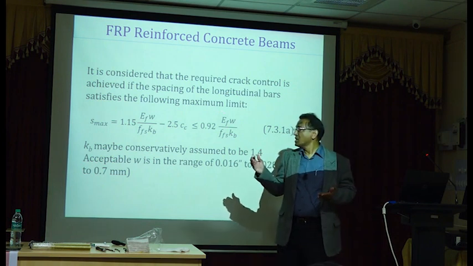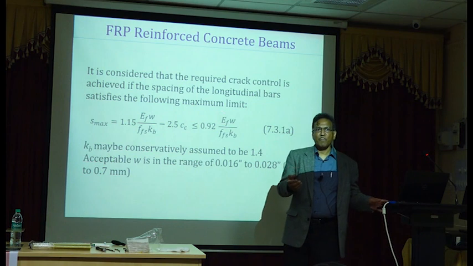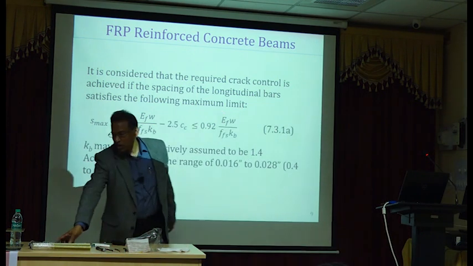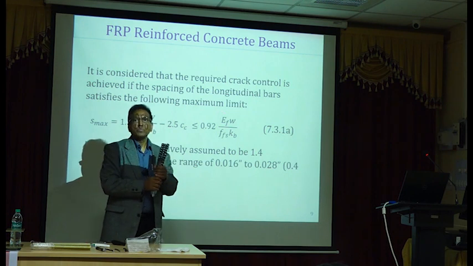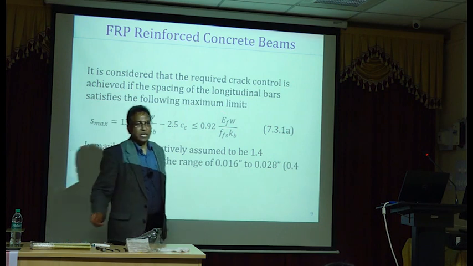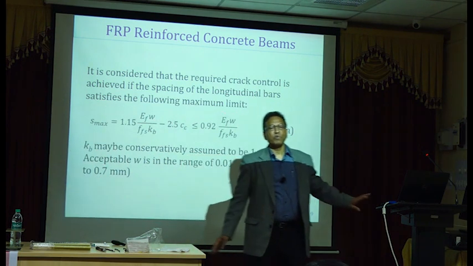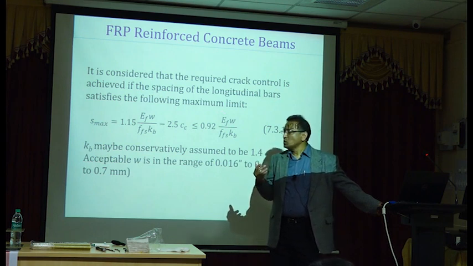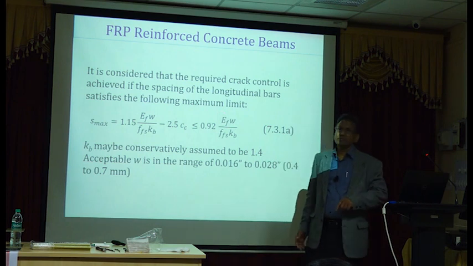And of course, we don't expect our FRP bars, no matter how good the surface condition is, to give the same amount of development length or pull-out strength as steel bars. So we need to use a larger value than 1.